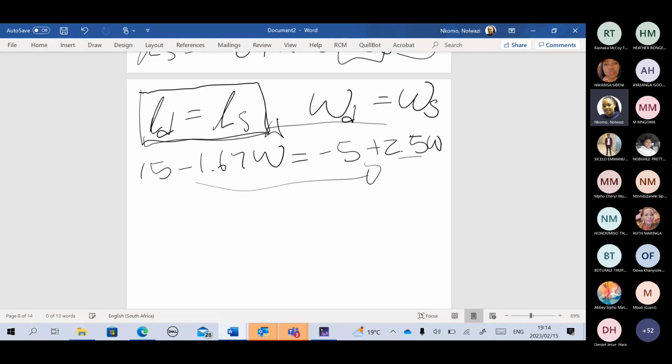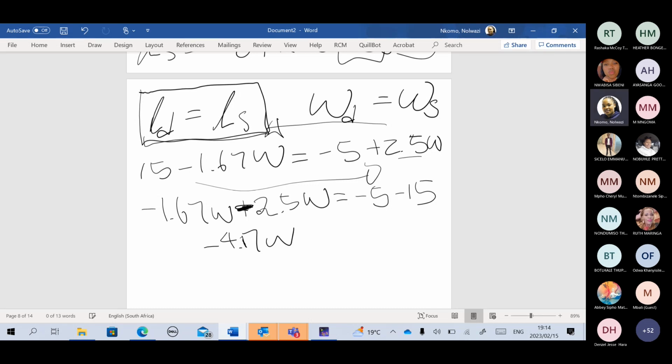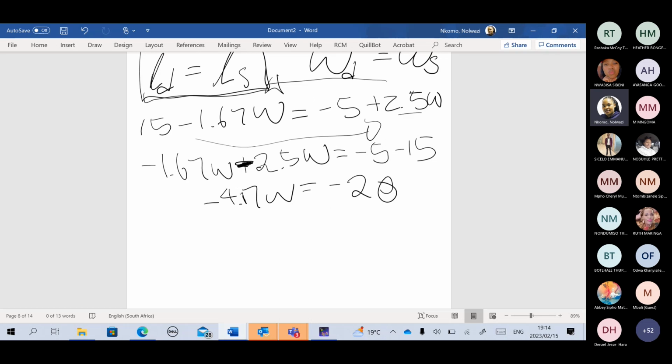If I do that, I will have minus 1.67W minus 2.5W equals minus 5 minus 15, which is minus 4.17W equals minus 20.